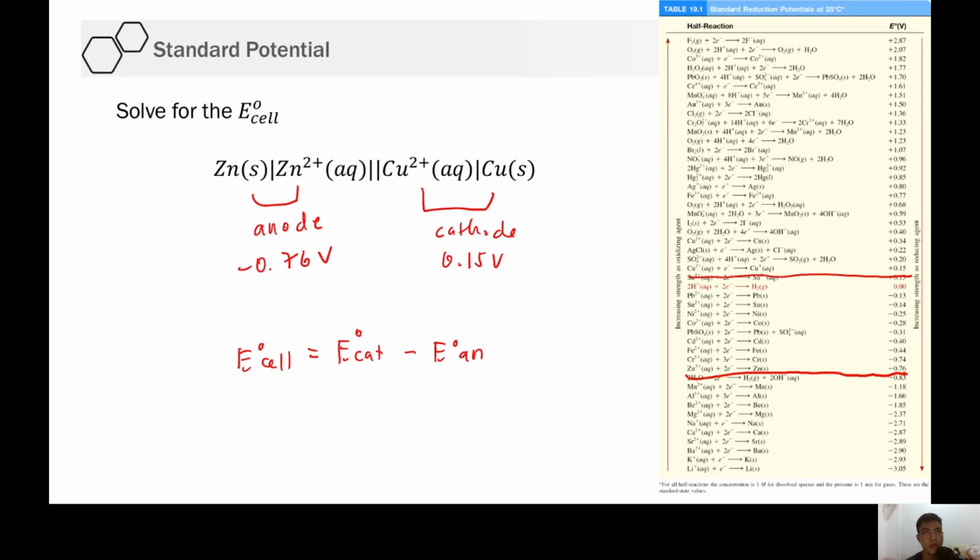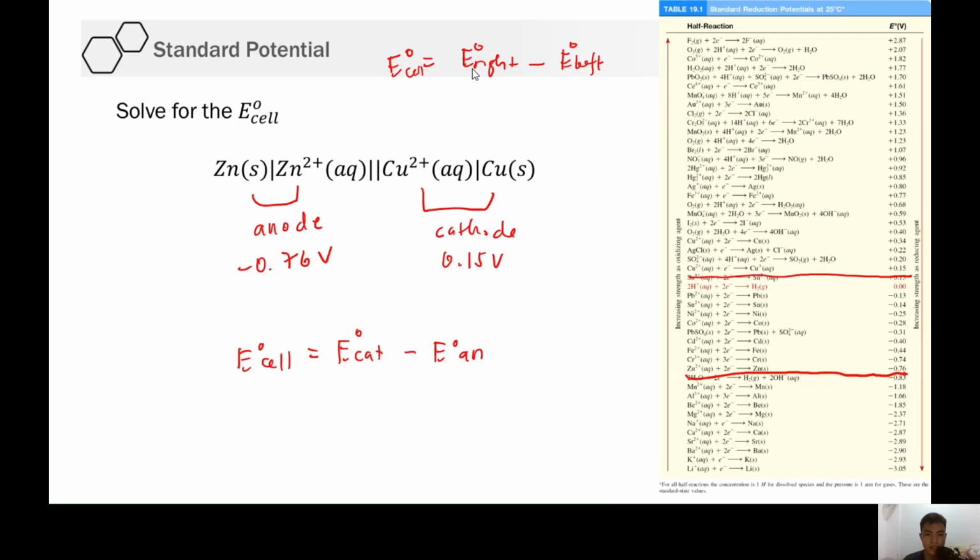Your lecturer may tell you that the equation is E right minus E left. Your lecture instructor may tell you that. However, it is also the same as the one I'm giving. That's cathode minus anode, because remember, on the right side of your electrolytic cell, you have your cathode, and on the left side, you have your anode.